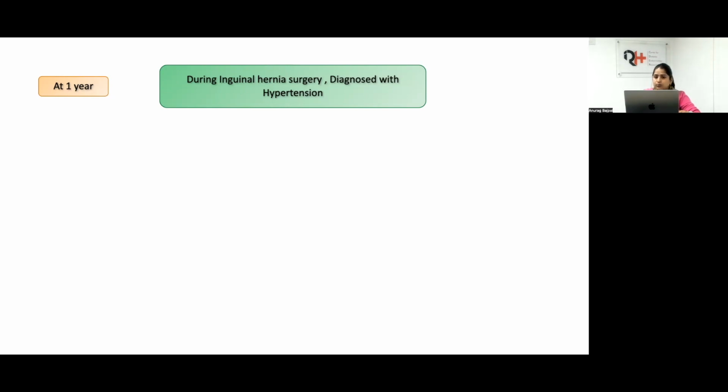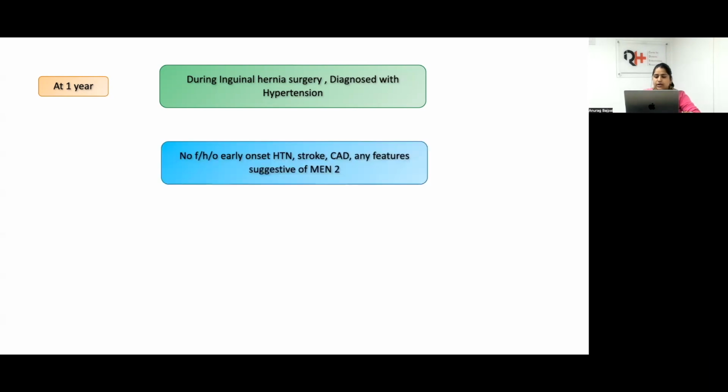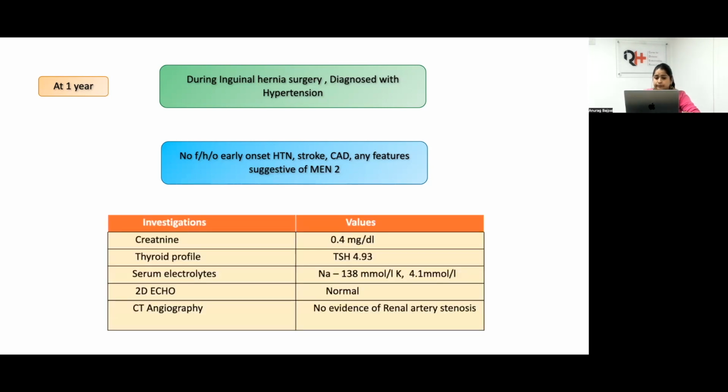So they went to multiple clinicians, but they were not satisfied with the treatment because they were not really ready to believe that the child has hypertension, as there was no family history of early onset hypertension, stroke, coronary artery disease, or any feature suggestive of MEN2.